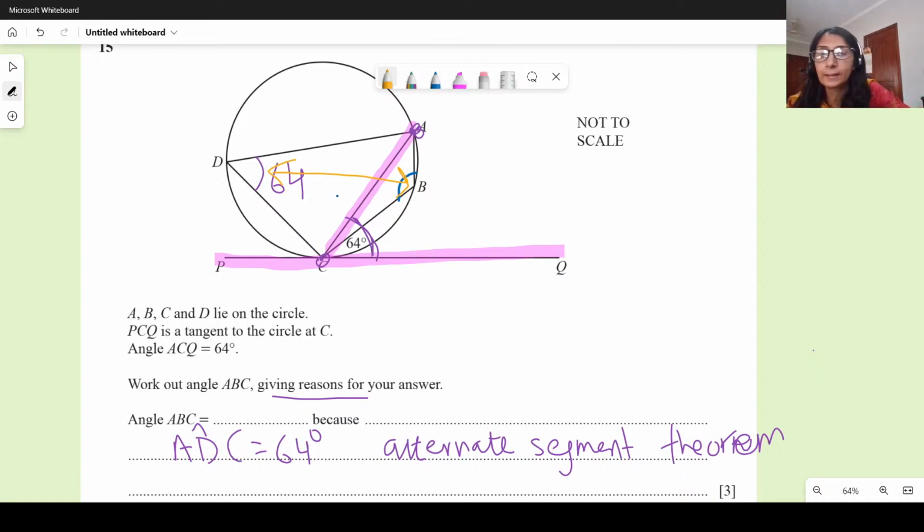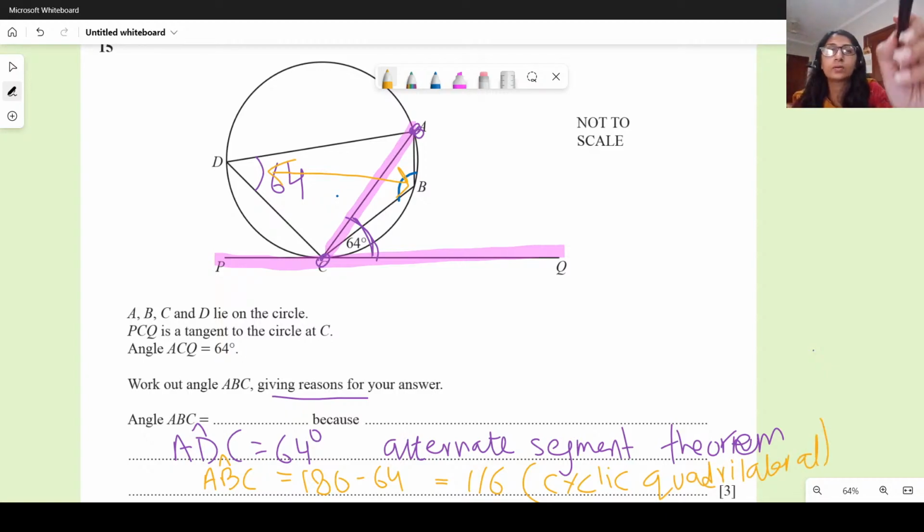ABC would be 180 minus 64, which is 116, and the reason is cyclic quadrilateral. Now, what is a cyclic quadrilateral?